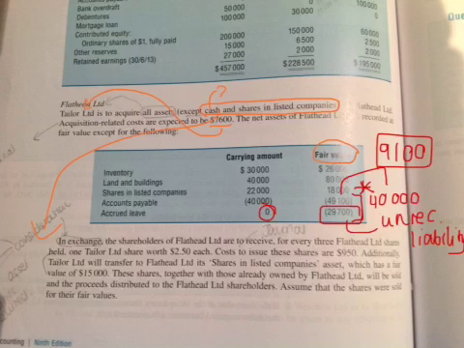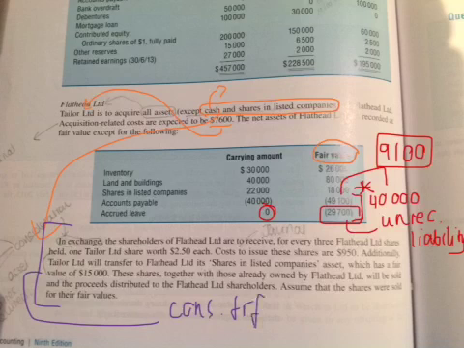Okay, this last paragraph then gives us information on the consideration transferred. So I'm not going to have a look at that at the moment. I first of all want to look at the liquidation account entries.